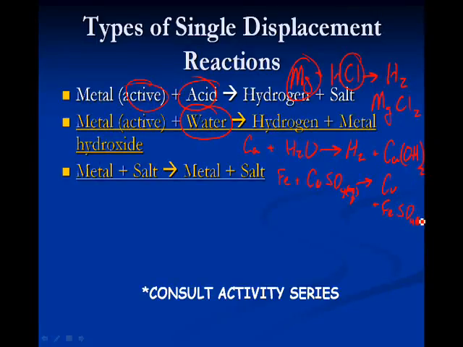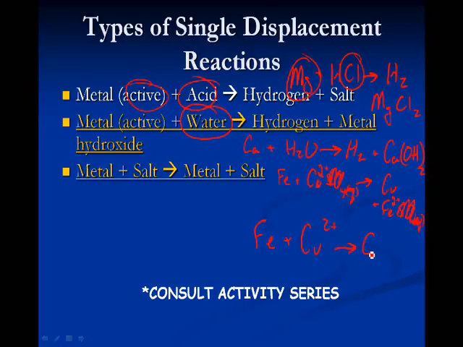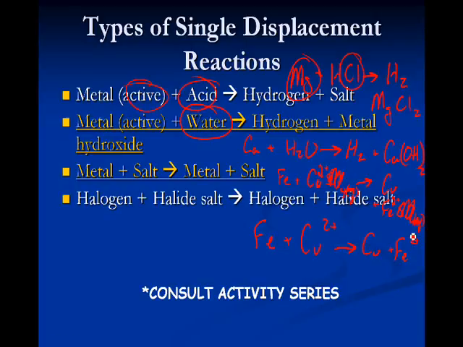And this is also an aqueous solution. So the sulfate ends up being a spectator ion, and we just have 2 plus here, 2 plus here. Let's just make sure we get that. Iron plus Cu2+ produces Cu plus Fe2+, and that's the net ionic equation for that reaction.